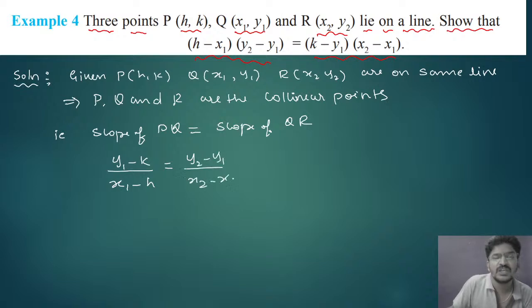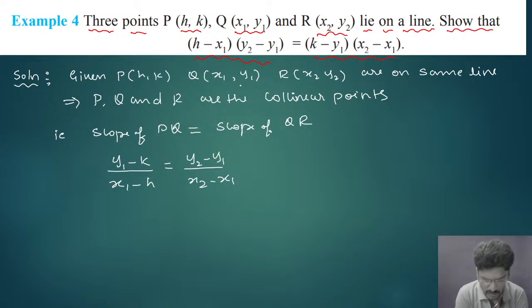So see this once again. The slope of PQ is y1 minus k divided by x1 minus h, and the slope of QR is y2 minus y1 divided by x2 minus x1. Have you understood this? Please tell me.